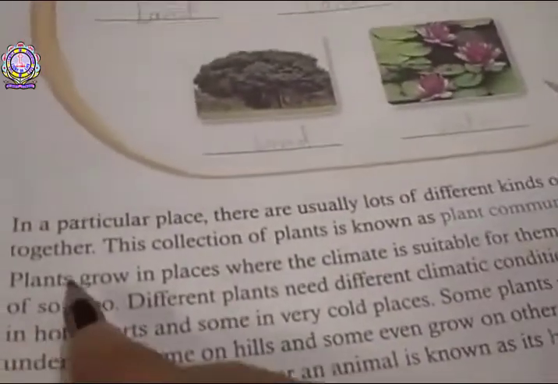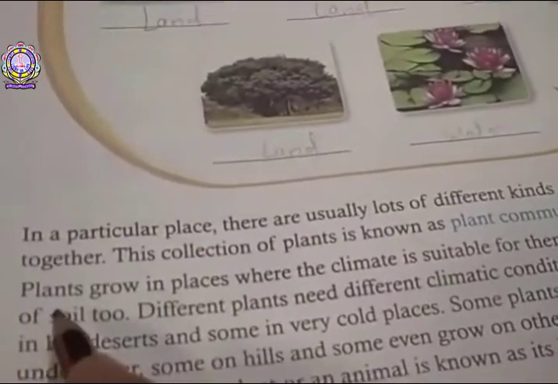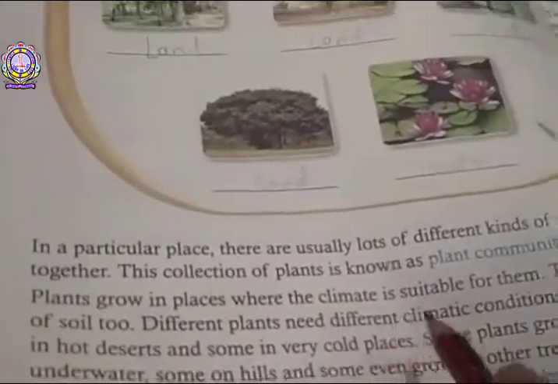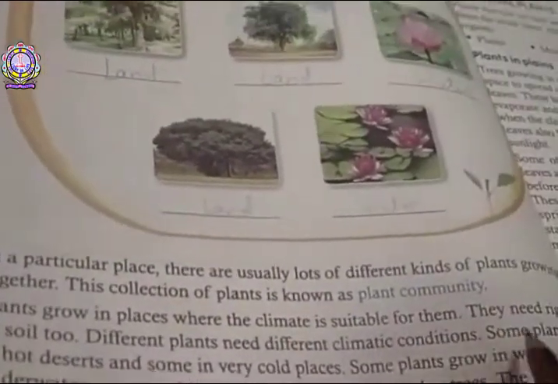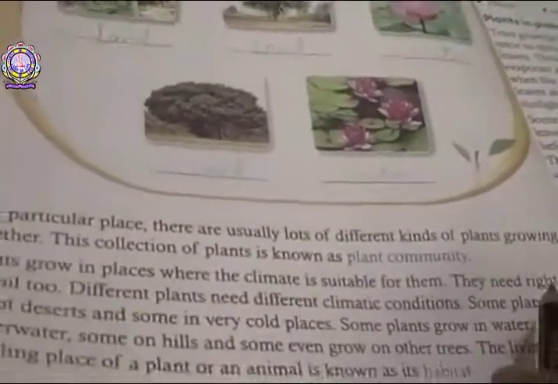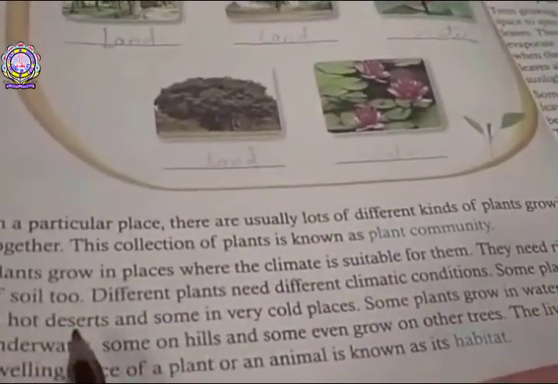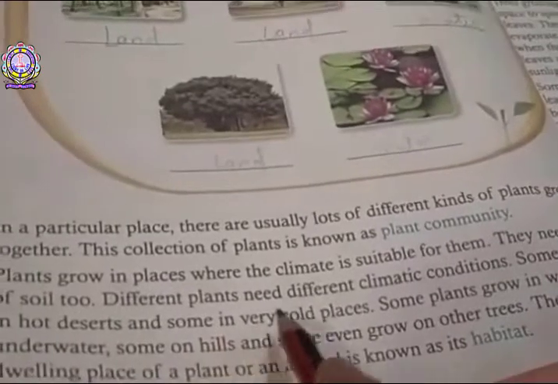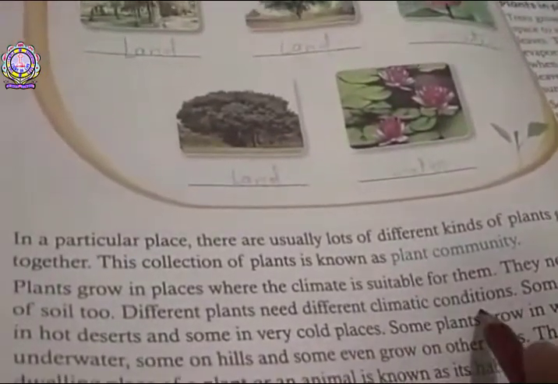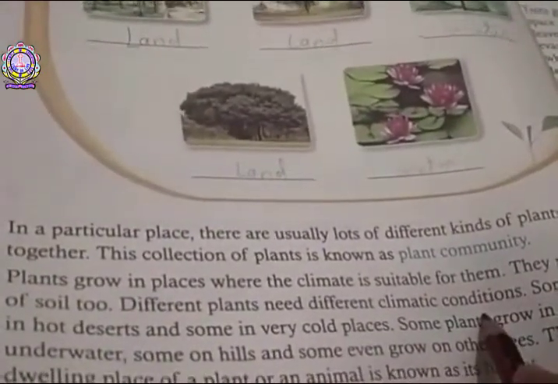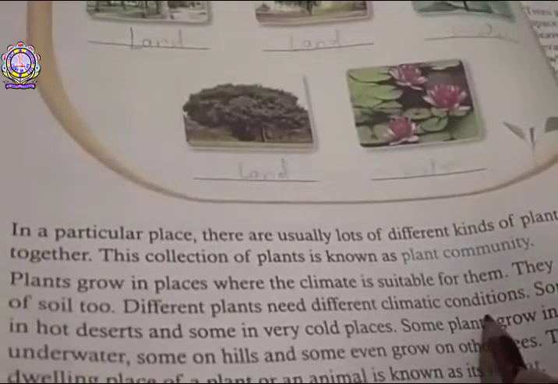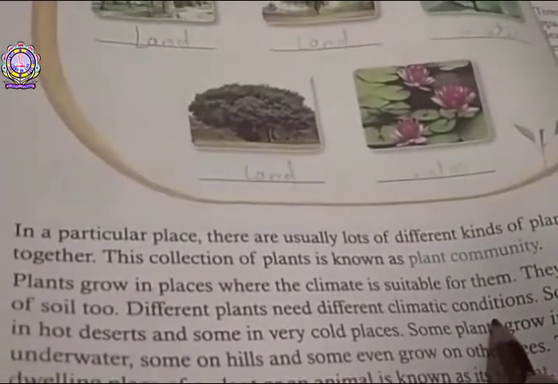Now plants grow in places where the climate is suitable for them. They need the right kind of soil too. Different plants need different climate conditions. It means the plants grow in the place where the climate is suitable for them.